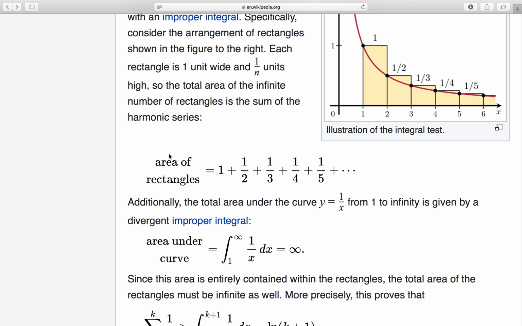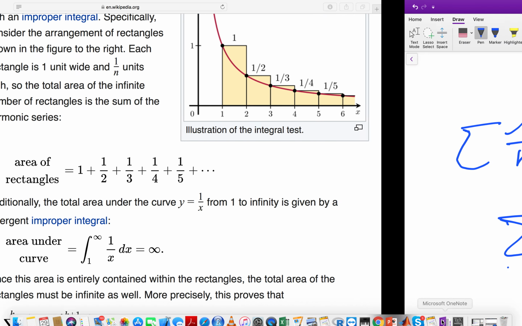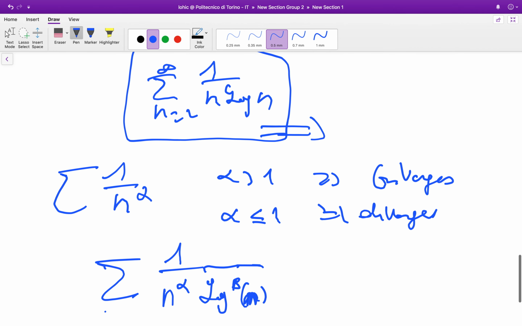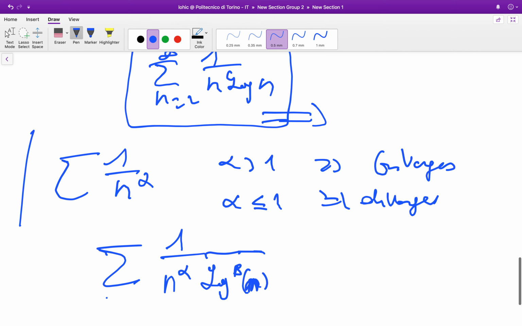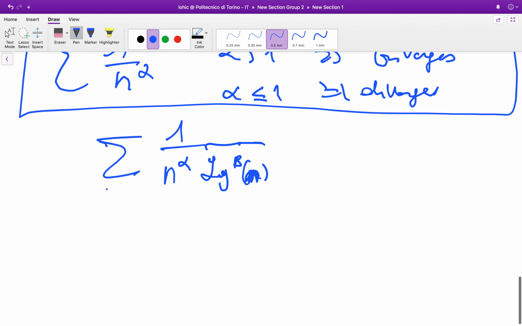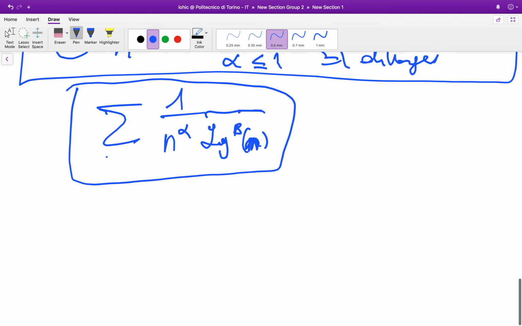Never mind. So I wanted to let you see it by yourself, but the theorem is like this. In the most general case, not only do you have 1 over n to the power alpha.